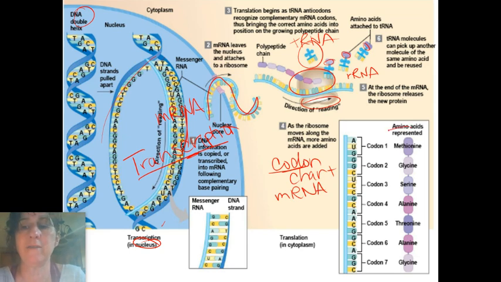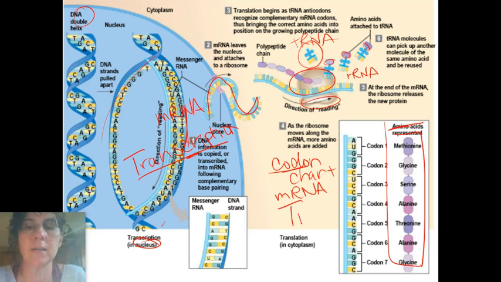And that specifies a specific sequence of amino acids, right? So that's specifying one sequence of amino acids. This whole process is called translation. I'm translating a code into something useful for my body, a protein.